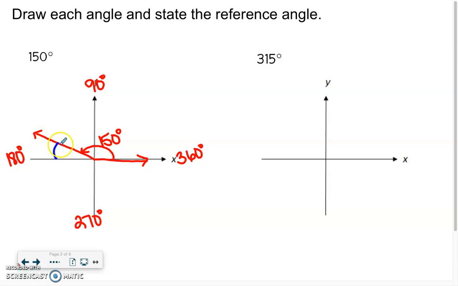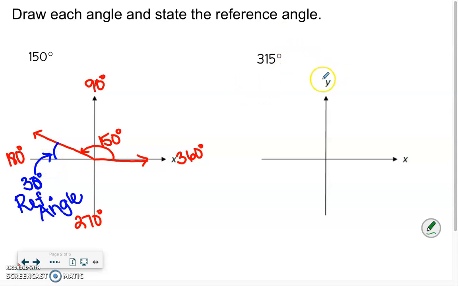So if I'm at 150, I would just need to go an extra 30 degrees to get to the x-axis. So 30 degrees would be called your reference angle because it's how far you have to go from the angle you're at to the x-axis.